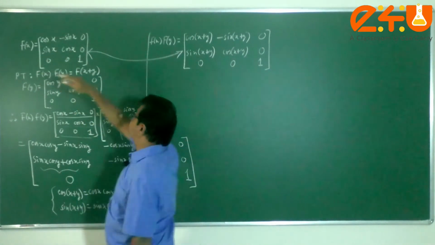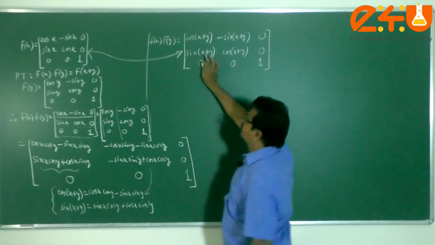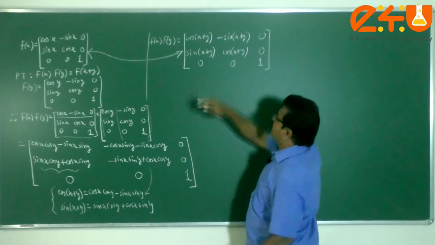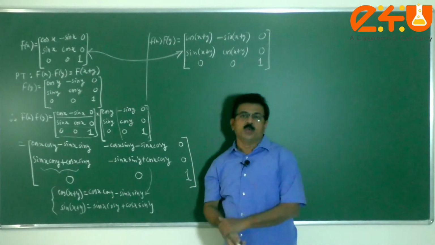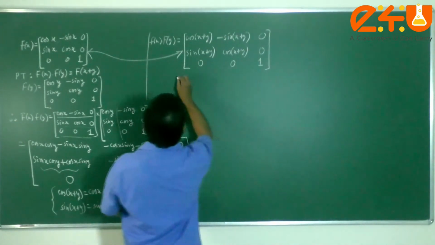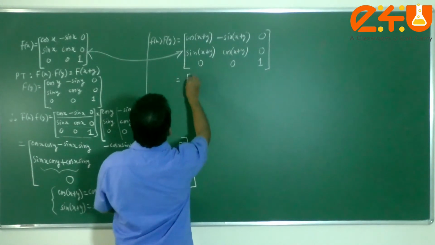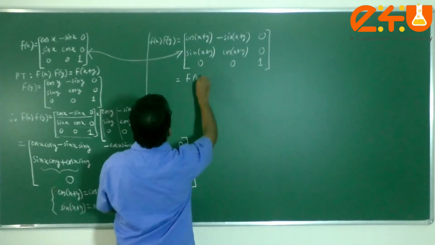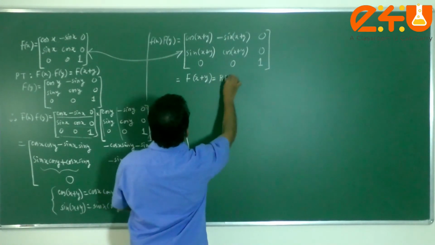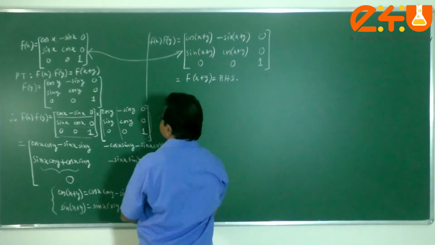Sin x has been replaced with sine of x plus y. Second row, second column, cos x has also been replaced with cos of x plus y. Other elements, zeros and ones, remain zeros and ones. So you can directly mention this is f of x plus y, and that is the RHS.